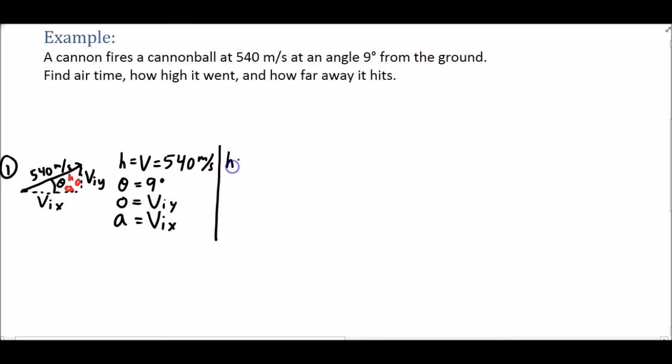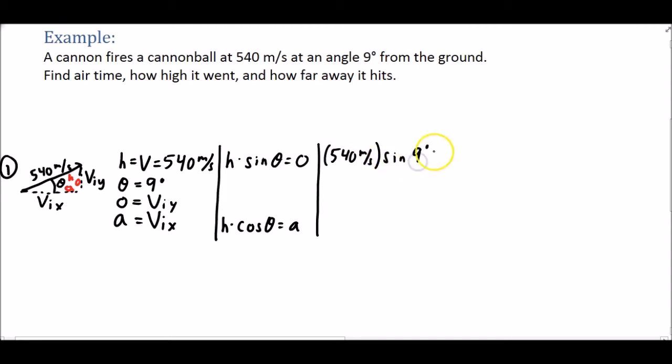Using the equations that we've used often before, h times sine of theta is the opposite, and h times the cosine of theta is the adjacent. So our opposite side is our VIY, and our adjacent side is our VIX. Let's make that clear.